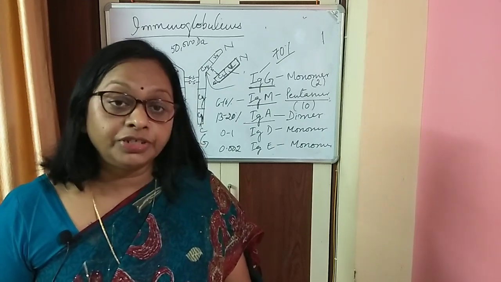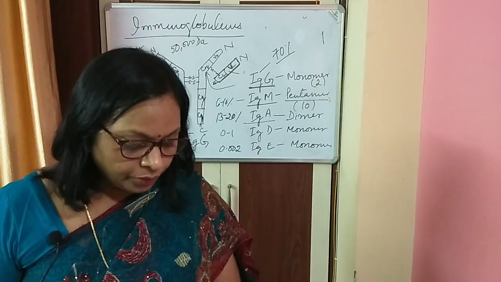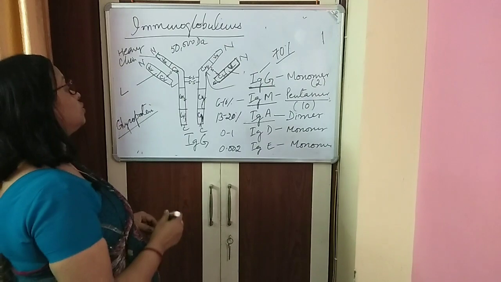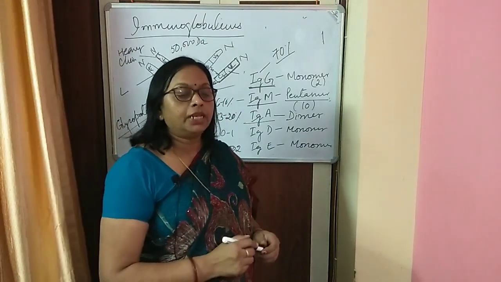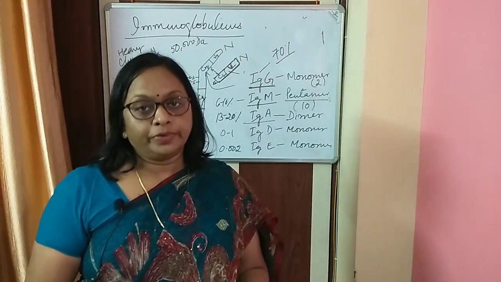If you have any question, you can ask me. And I think for you, this topic of cellular basis of immunity I have completed. If you have any question, you can ask me and I can take another class for solving your question.